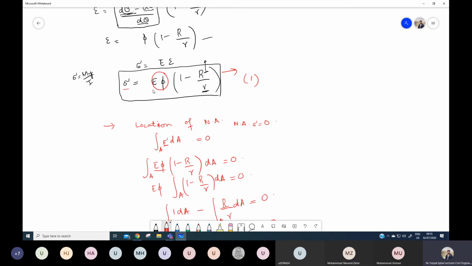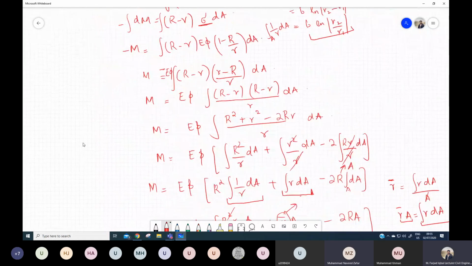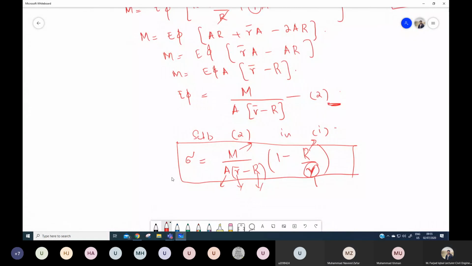So sigma is equal to E phi into 1 minus capital R over r, right? So if I substitute this one, I will get this equation. I have just replaced that E phi factor with this factor over here. And this other equation for stress remains the same. Right, sir.